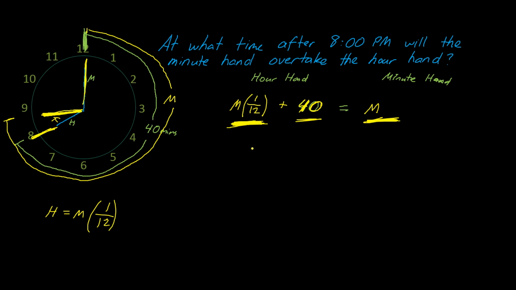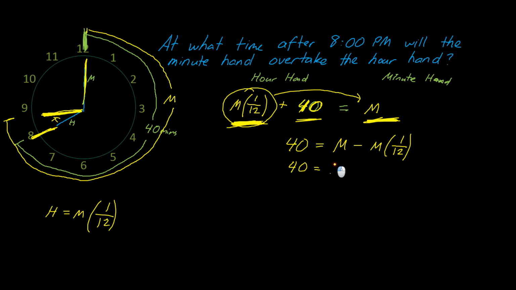The first thing we're gonna do is to transpose m to the other side. So that is 1 minus 1 over 12, and this is m equals 11 over 12. And we're gonna transpose 11 over 12 to the other side, so it's gonna be 40 times 12 over 11.